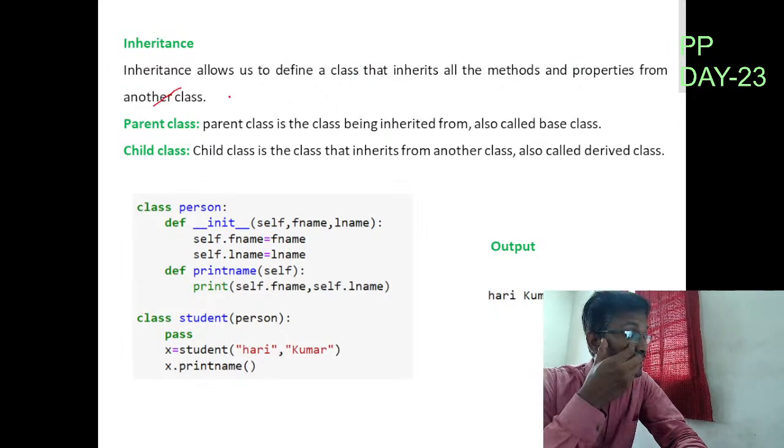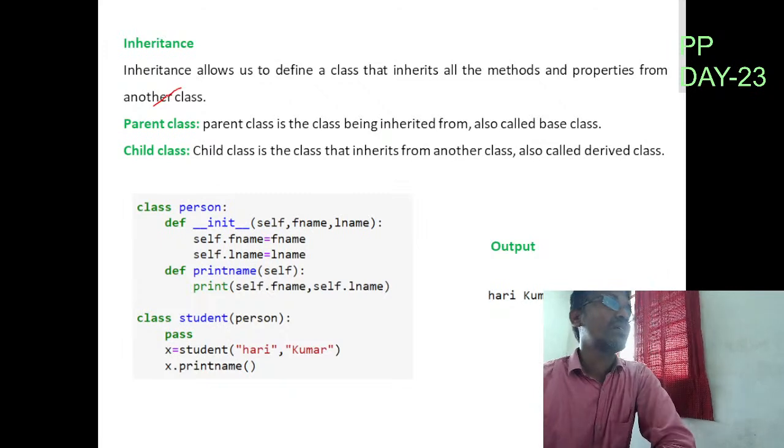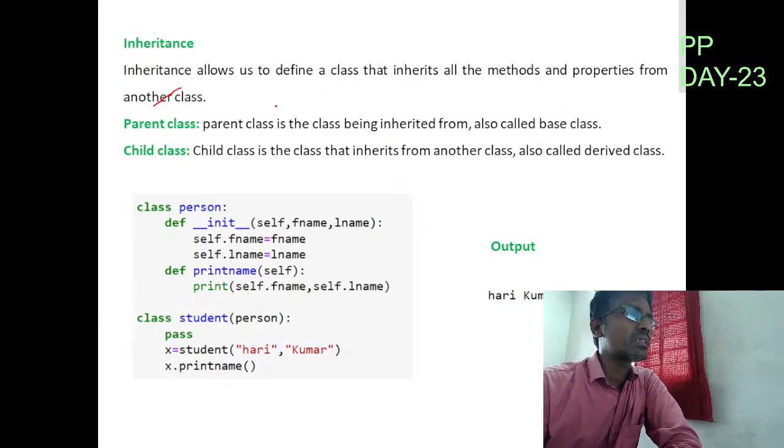That is called deriving a new class. While deriving a new class, you derive the methods and properties of another class. That is called inheritance. The definition will be common for C++ and Java.